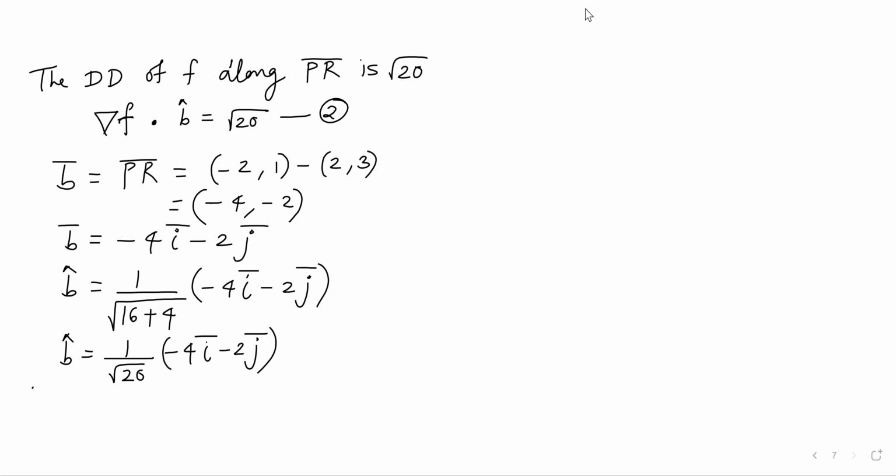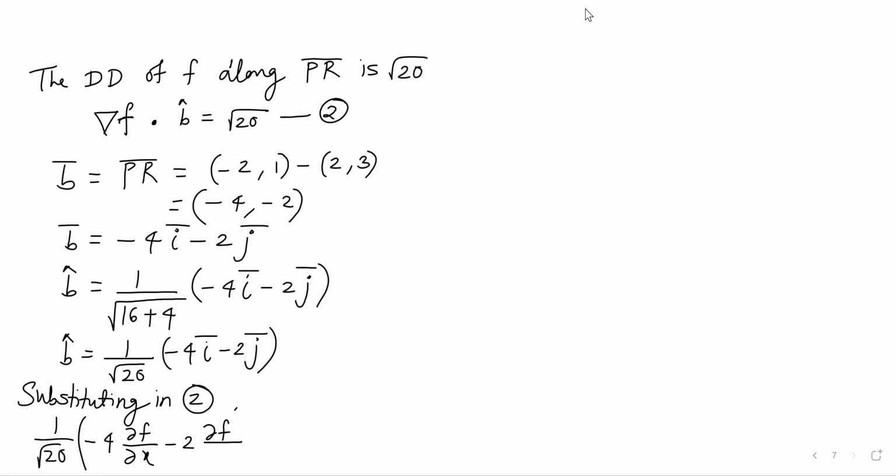So substituting into it, I won't write del f again, we have written it earlier. So we get 1 by root 20 times minus 4 del f by del x minus 2 del f by del y, and that is equal to root 20 only. Correct?